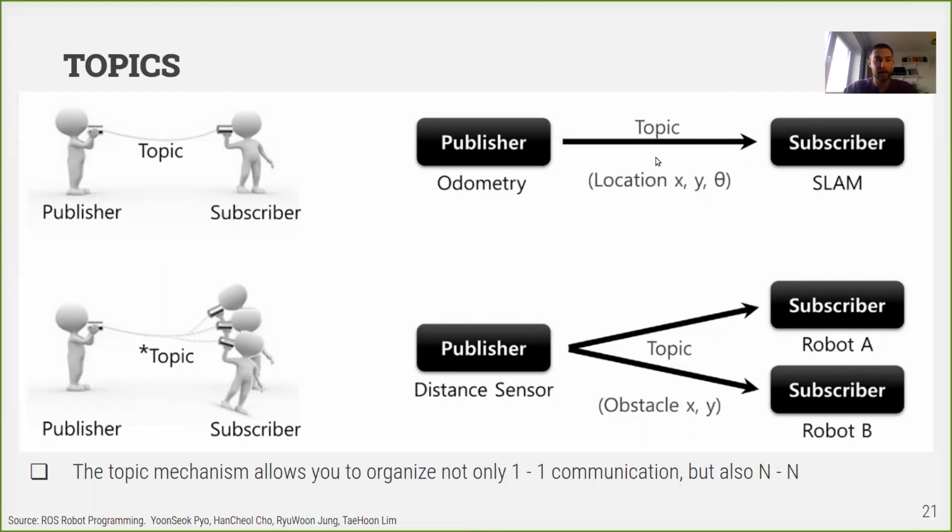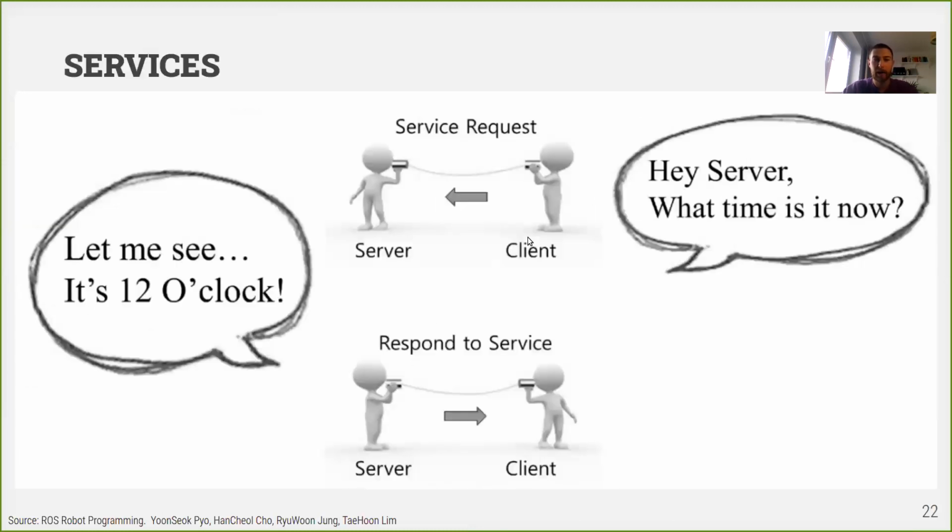And in this case, we can use, for example, services. So this is, as we already know, a request-response type of communication. And for such type of data as a map, which doesn't change, it is practical just to request a map, get it back, and that's it. And maybe request it in a long period of time when we know that the map could change.